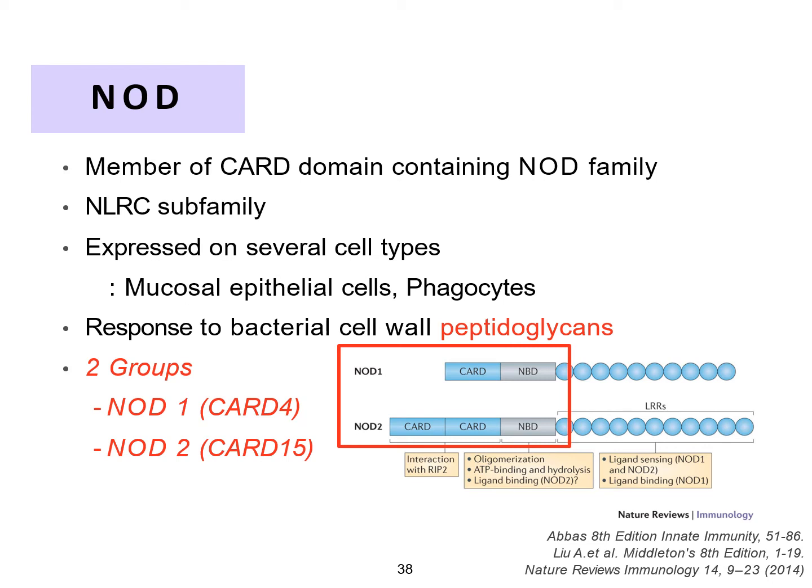It comes under the NLRC subfamily and is expressed on several cell types like mucosal epithelial cells and phagocytes, and responds to bacterial cell proteins like peptidoglycans. So two groups you can see, NOD1 and NOD2. CARD is caspase activation and recruitment domain. So two types are present, NOD1 and 2.